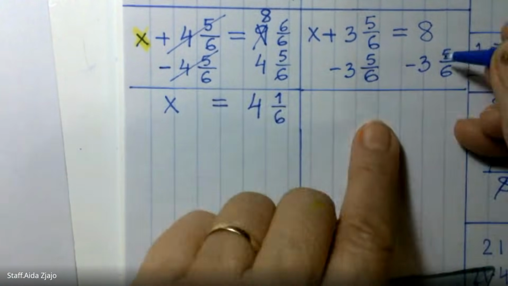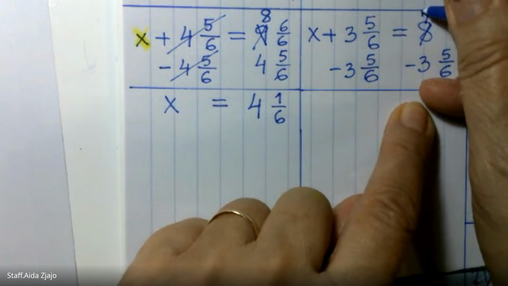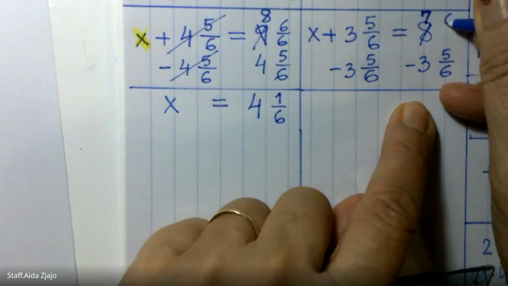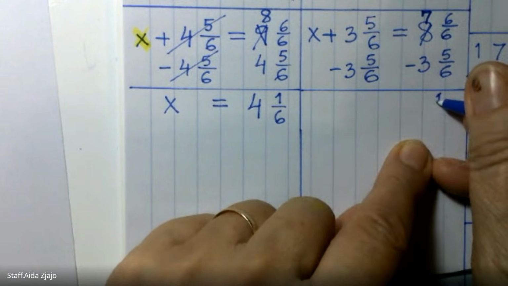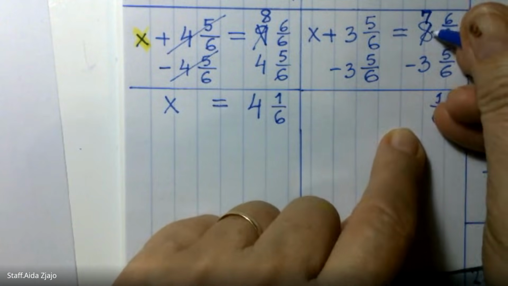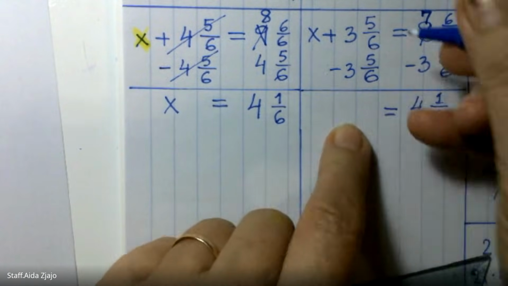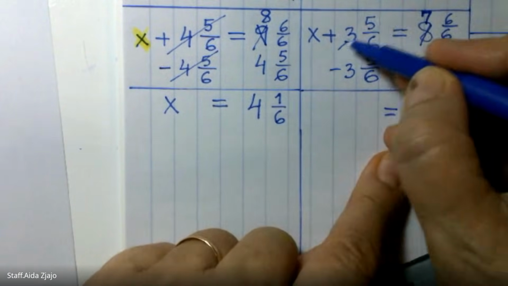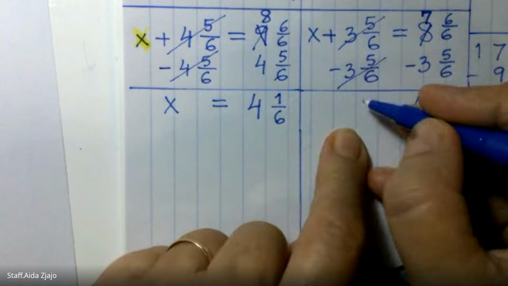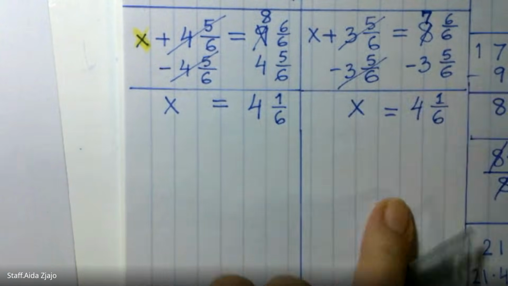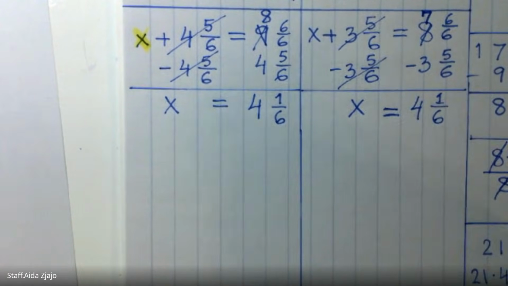Then we will regroup 1 whole, have 7 left, and 1 whole gives me 6/6. 6/6 minus 5/6 is 1/6, and 7 wholes minus 3 wholes equals 4 wholes. So 3 and 5/6 minus 3 and 5/6 is 0. x plus 0 is x. So both answers are the same.